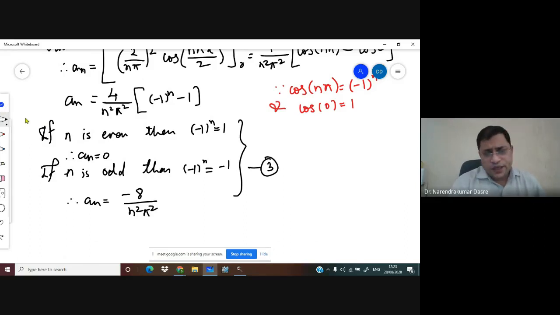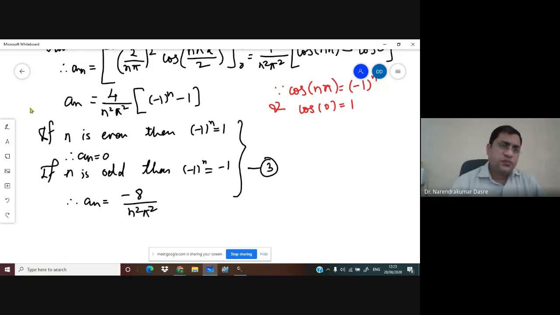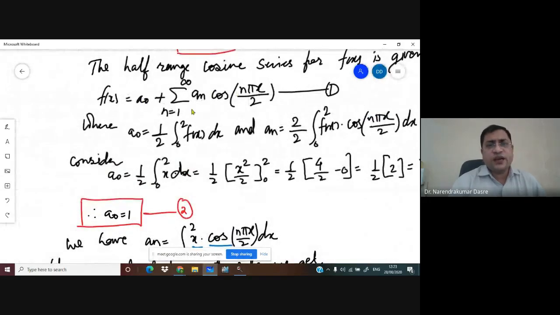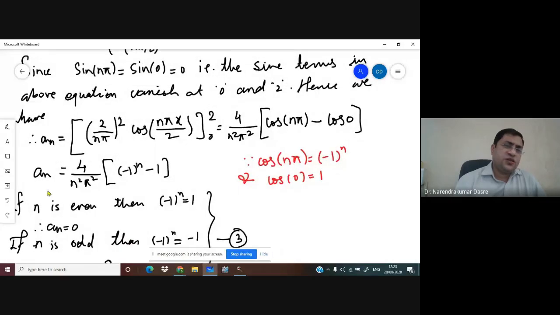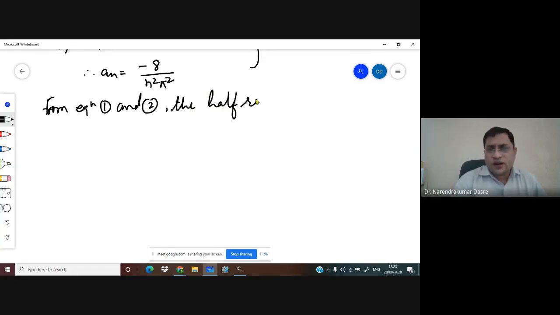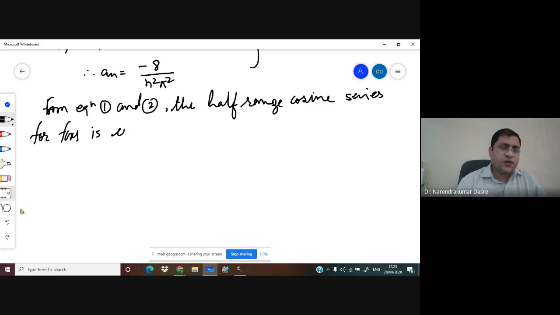Okay. Here we got an, we got a0. So once we have a0 and we have an, we are able to write this half range cosine series, and hence here we write, so from equation 1 and 2, the half range cosine series for f of x is, so what we have here, f of x is equal to a0.